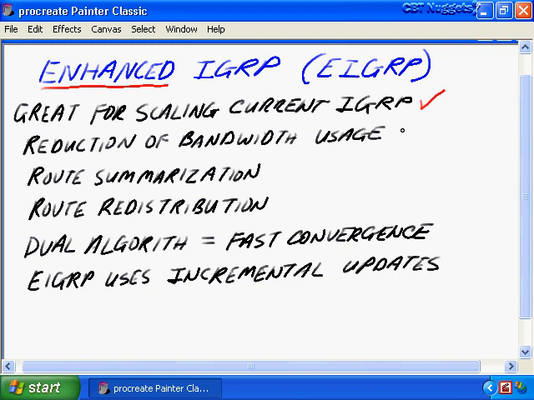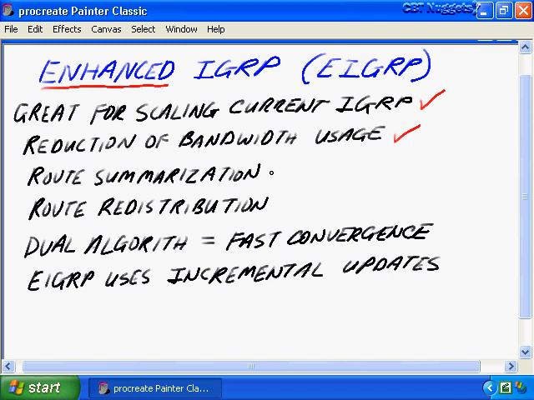Probably the most important enhancement to EIGRP is the fact that you get the benefit of reduced bandwidth usage or utilization, in the sense that EIGRP, like OSPF, uses a multicast address as opposed to broadcast packets to propagate most of its traffic, and that's going to give you better utilization of bandwidth.